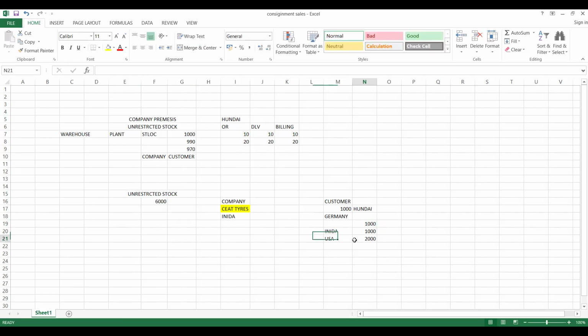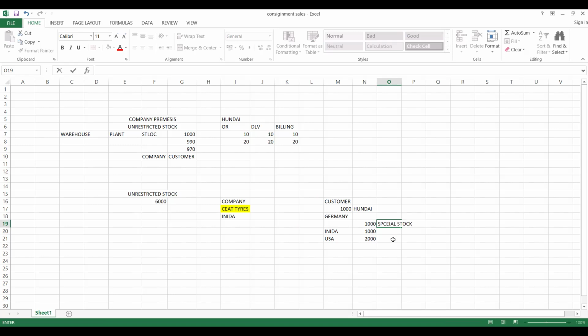That means I'm filling the stock from my unrestricted stock to the customer location. When I remove the stock and place it at the customer place, but the sale has not happened, then this stock we call a special stock.